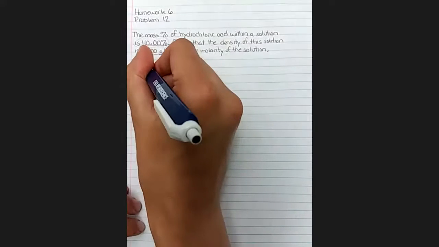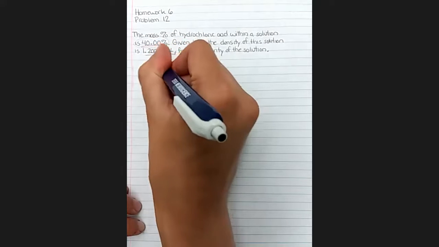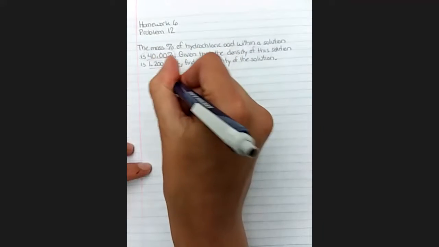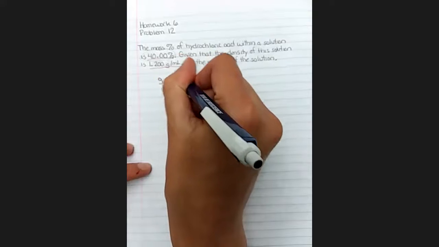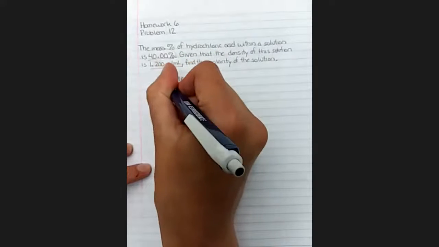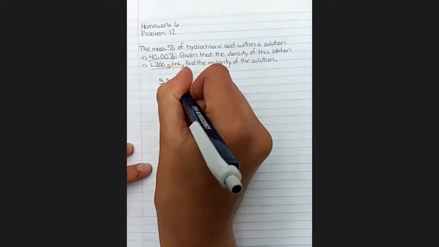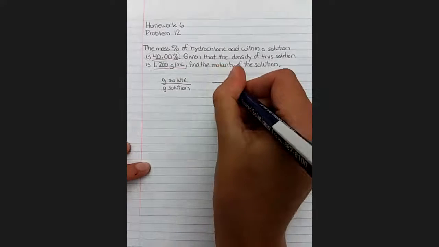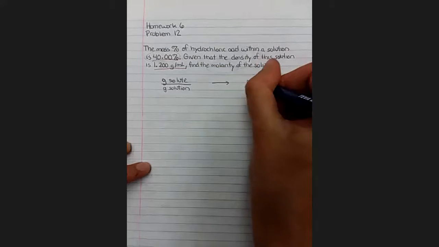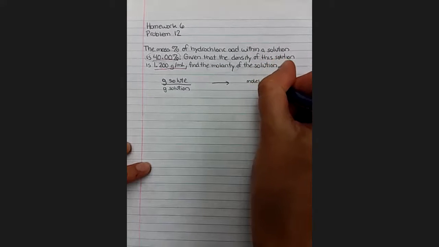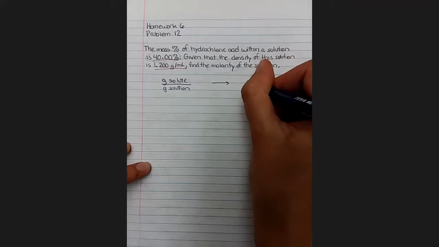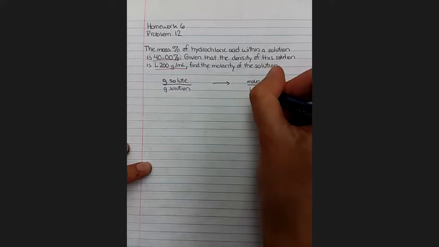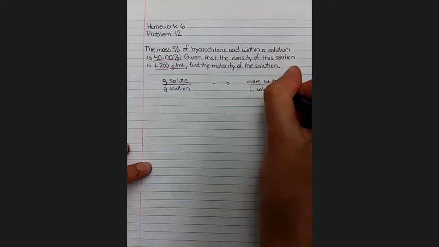Okay, so we have mass percent. Mass percent is mass of the solute over mass of the solution. That's what we have, and we need to find molarity, which is moles of the solute over liters of the solution.